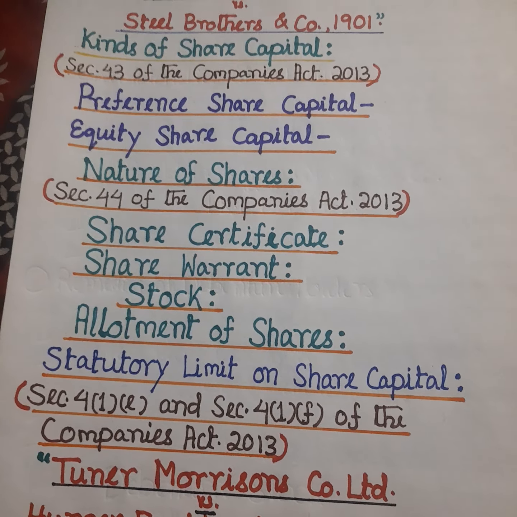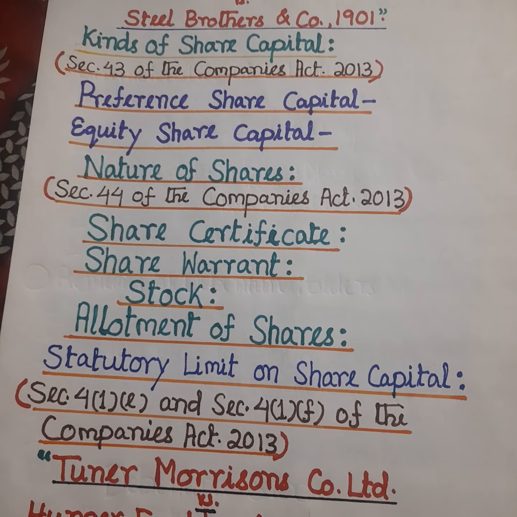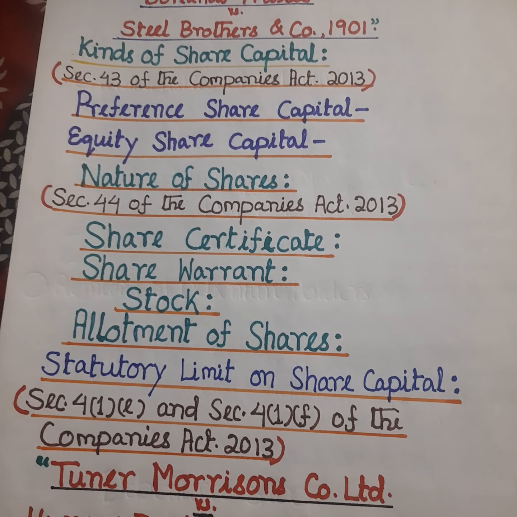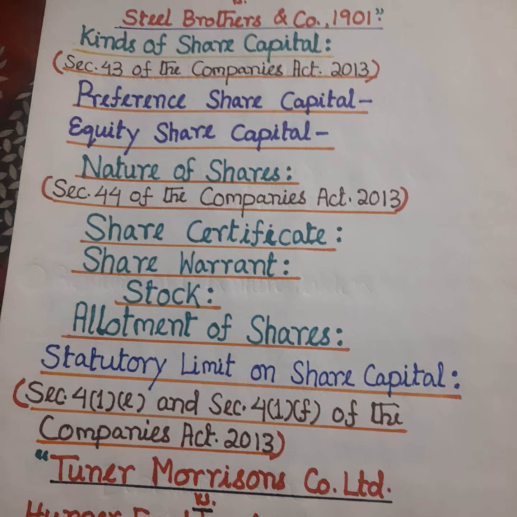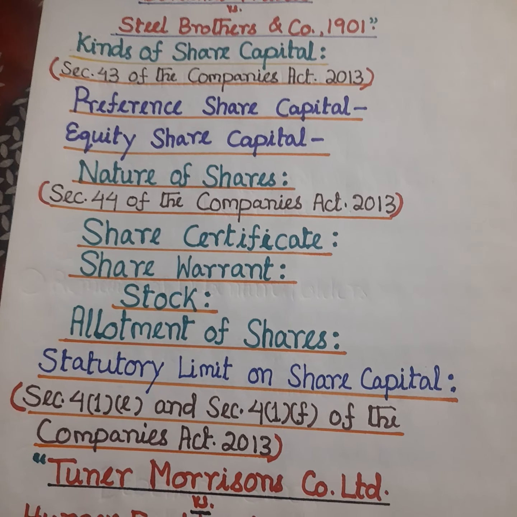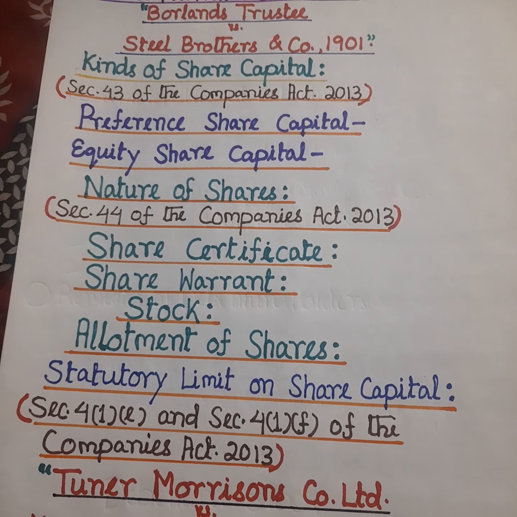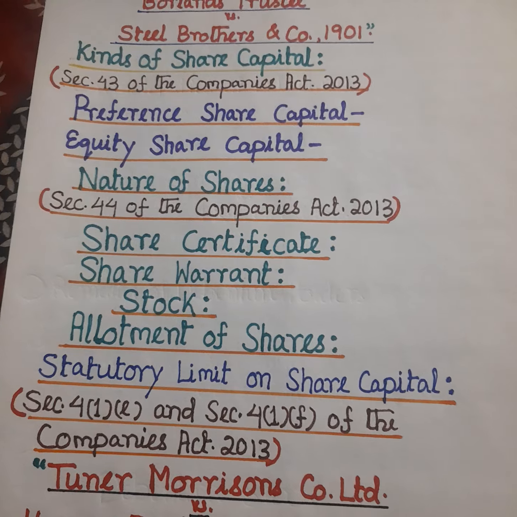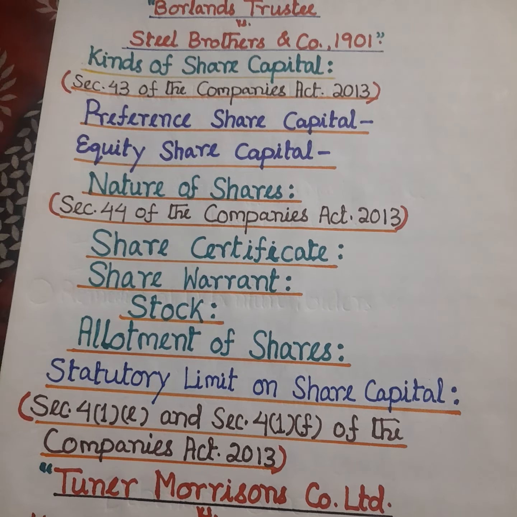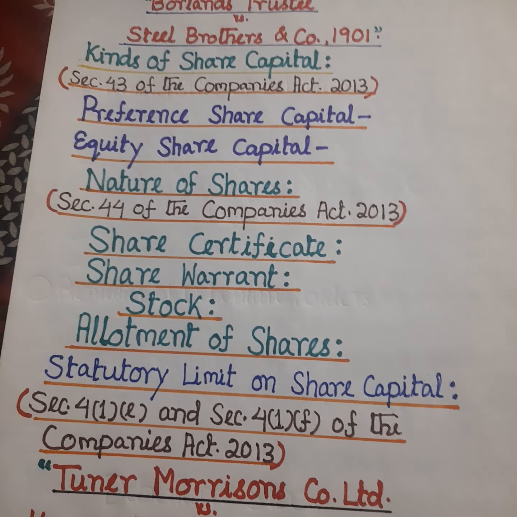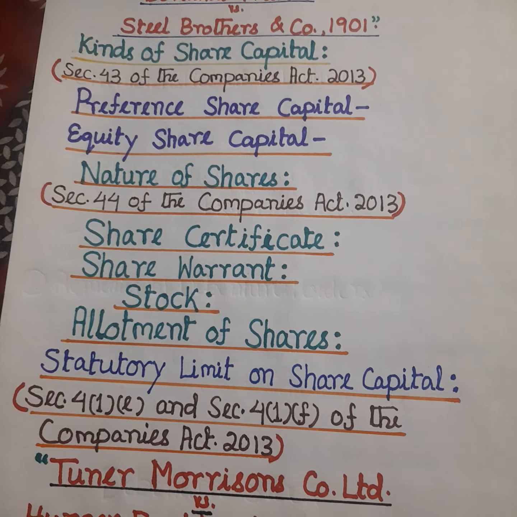Allotment is thus an appropriation of a certain number of shares. The allotment creates a binding contract between the parties. After the minimum subscription has been reached, the board of directors proceeds to allotment.